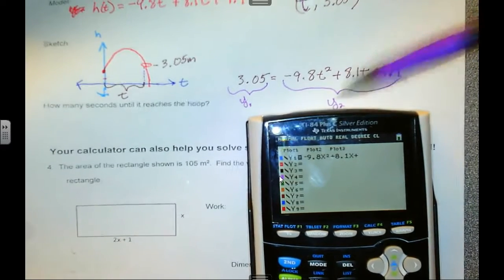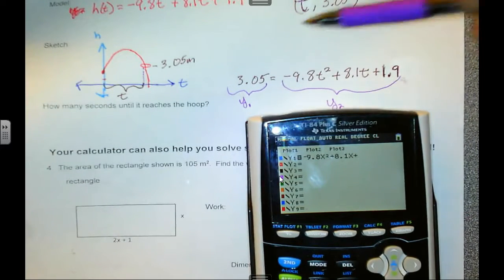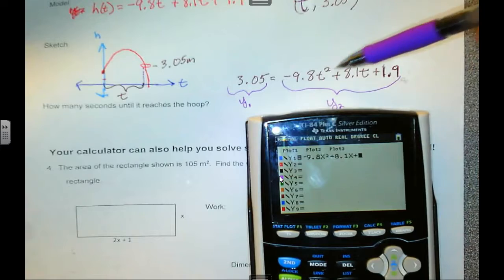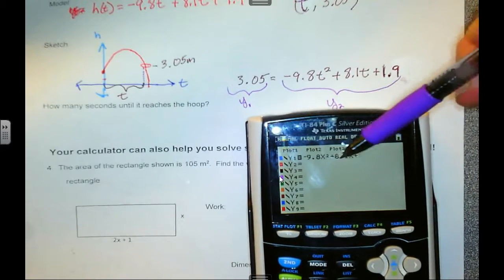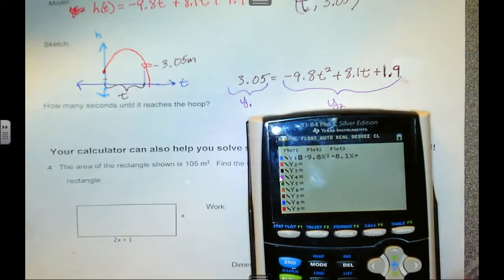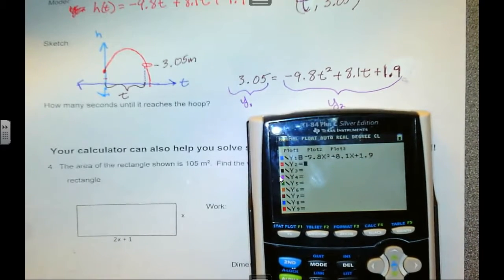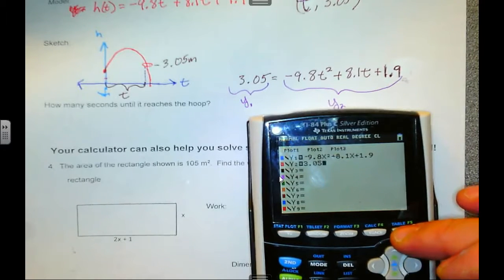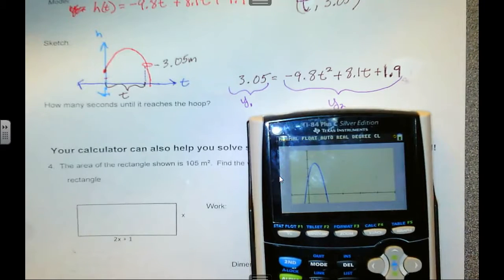Okay, so I'm going to put this one on y1, doesn't matter. Negative 9.8, 8.1, and 1.9. And then in y2, I'm going to put my 3.05. I should get a curve and a line when I hit graph.